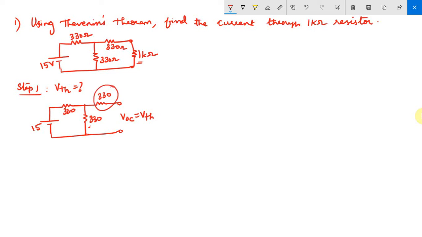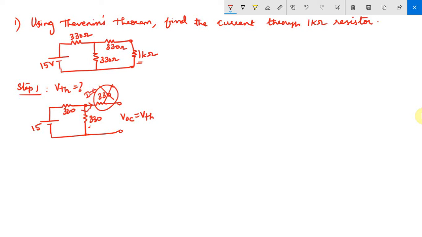Since the load is left open, no current will flow through the 330 ohm resistor in the middle branch, so there won't be any drop in it. Whatever voltage we have across the 330 ohm in the middle branch will be equal to the Thevenin's voltage, so we need the current flowing through the 330 ohm.